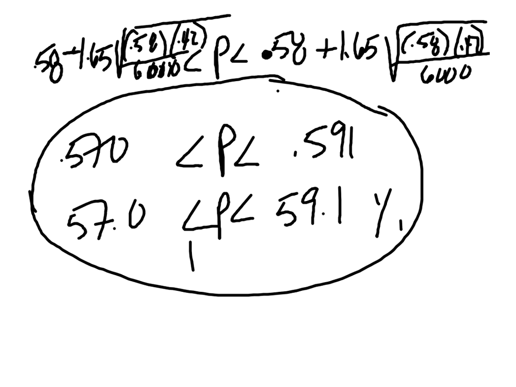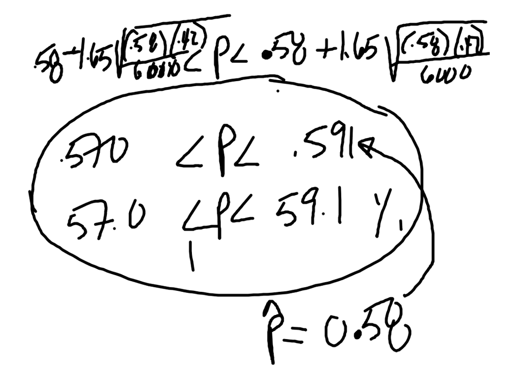Now, remember again, we started off with a sample proportion, p hat, of 0.58. Notice that we really didn't change it that much.